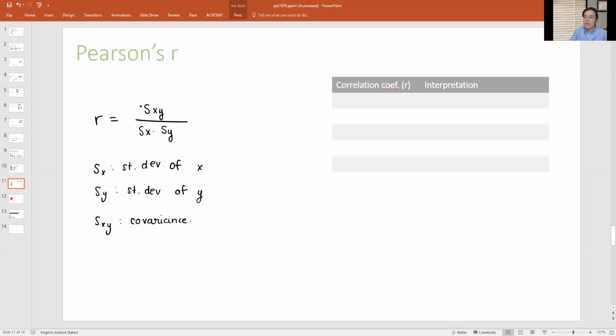All that it is is a way to express how x varies with respect to y, right? For the purposes of our class, we're only going to ever use it in evaluating R, the correlation coefficient.